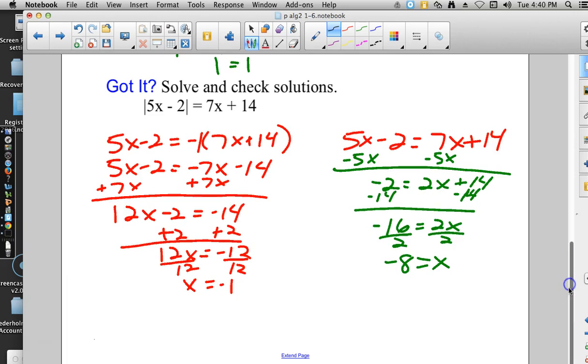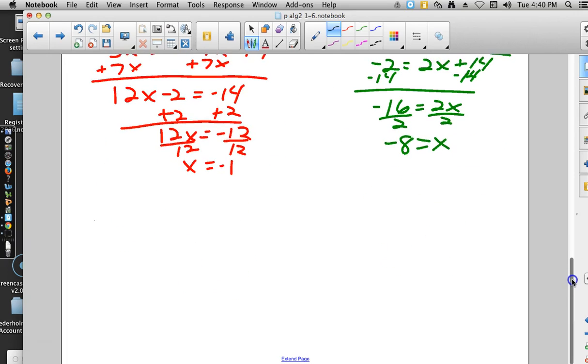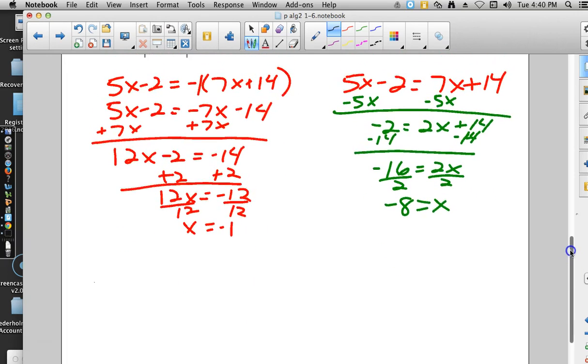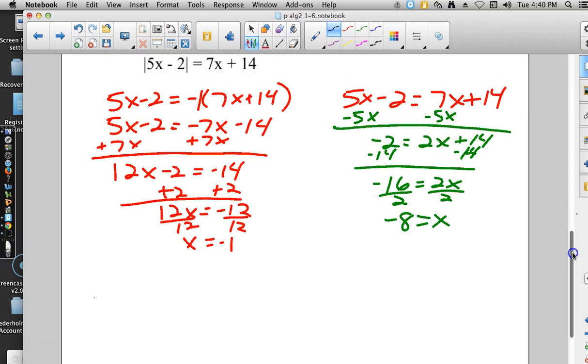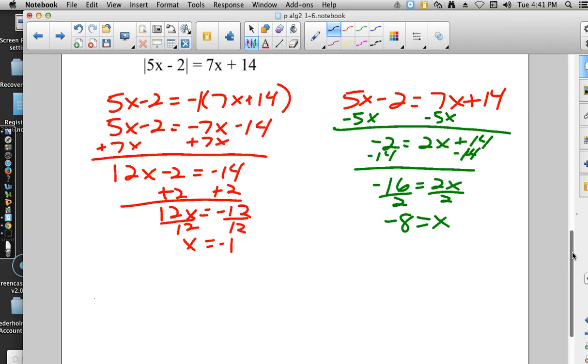So let me scroll this up a little bit. Too much, smartboard. There we go. Absolute value of 5 times our negative 1 minus 2 equals 7 times negative 1 plus 14.